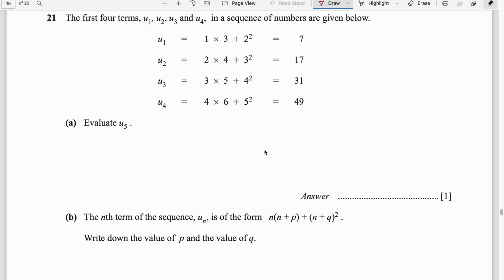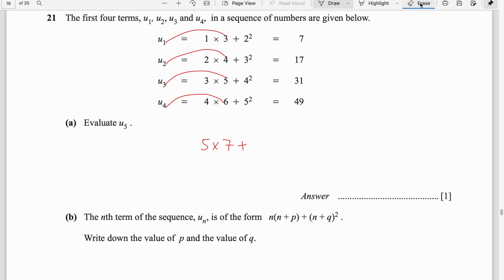Question number 21. The first 4 terms u1, u2, u3 and u4 in a sequence of numbers are given below. Evaluate u5. So we see these are in order 1, 2, 3, 4. So 5th and 5th. This is 1, 2 more than that, 2, 2 more than that, 3, 2 more than that, 4, 2 more than that. So 5, 2 more than that.